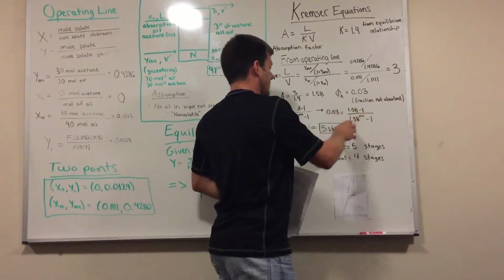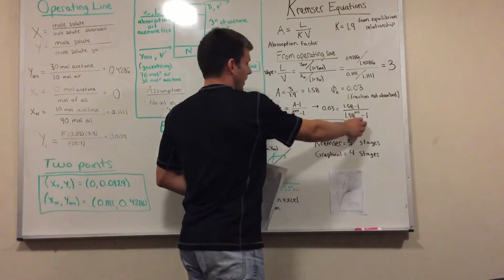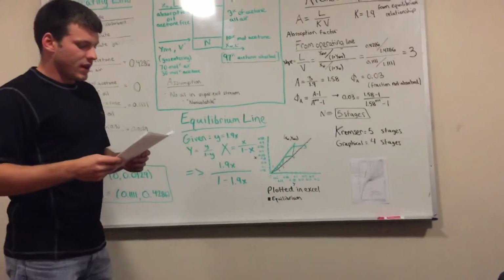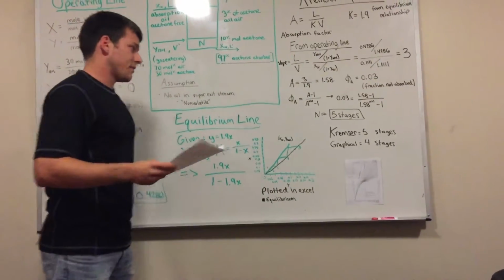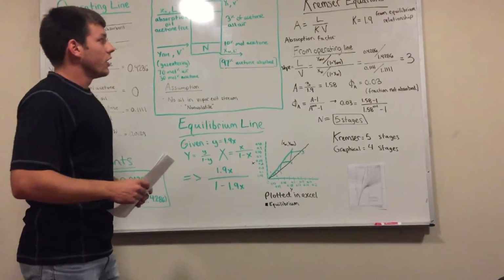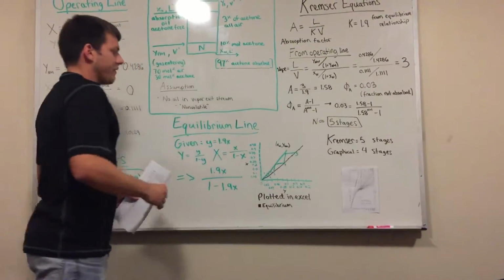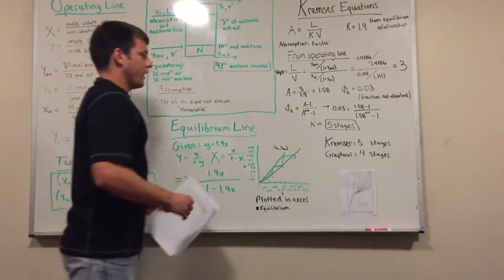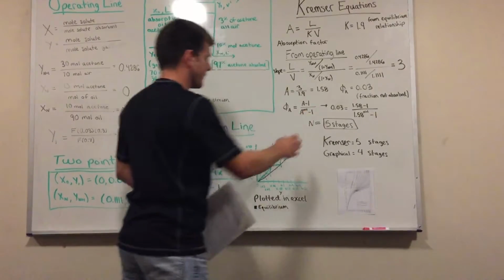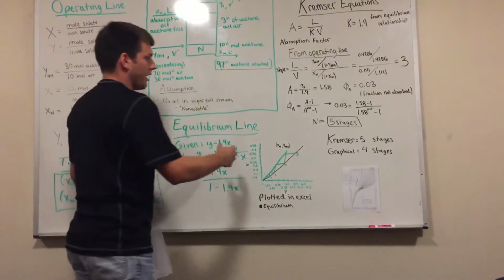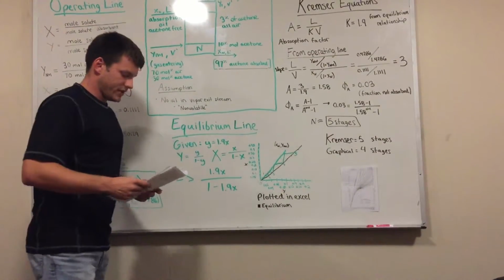Plugging in those numbers and solving for n, we find n to equal 5 stages to achieve the desired separation. Using the Kremser equation, we found n to equal 5, whereas graphically we found n to equal 4 stages. So that's the difference between my calculations from the graph and the Kremser equation.